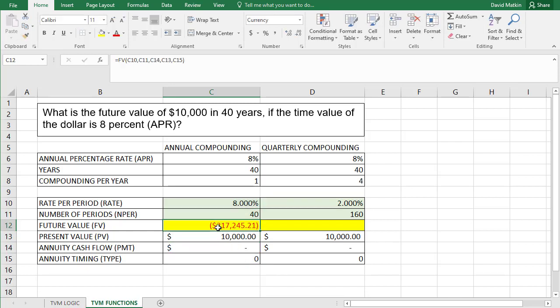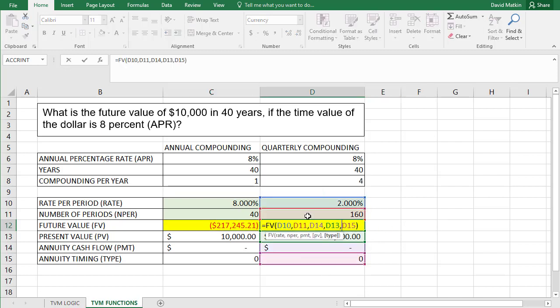So what we see here is that the future value of $10,000 given 40 periods and 8% time value of money per period is $217,245.21. Okay, so what about quarterly? Well, if we've entered in all of these references correctly, we should just be able to drag this formula over, and now Excel will look at the inputs for the quarterly compounding column.